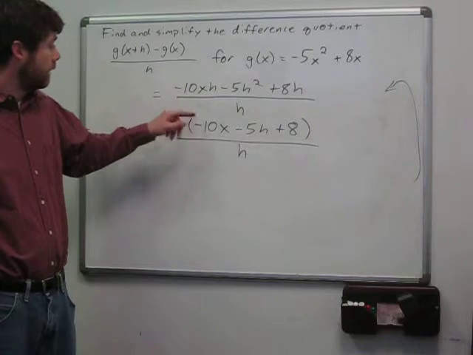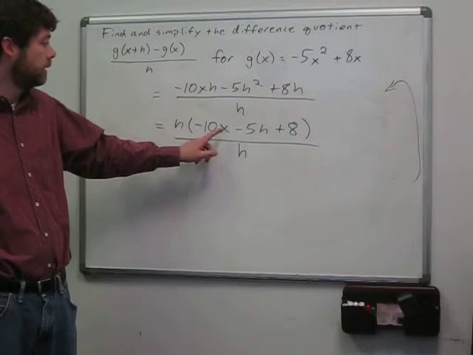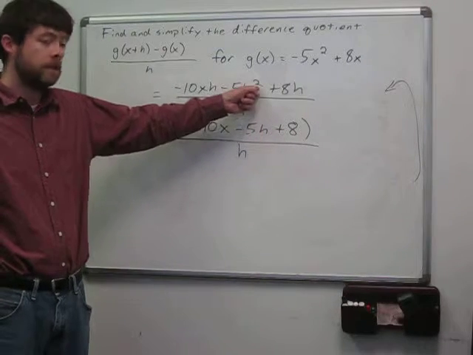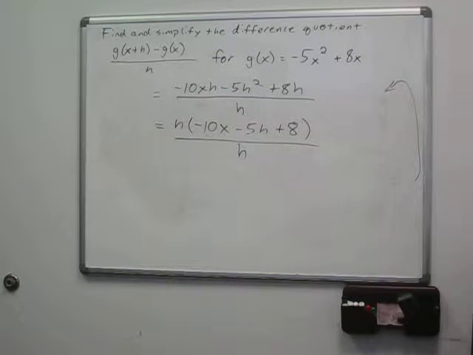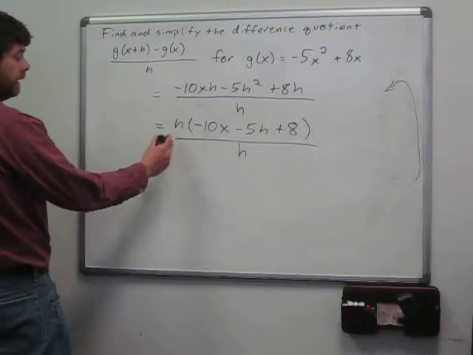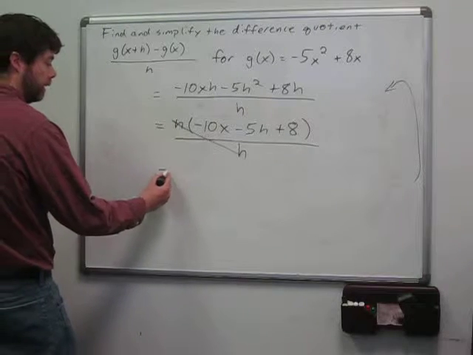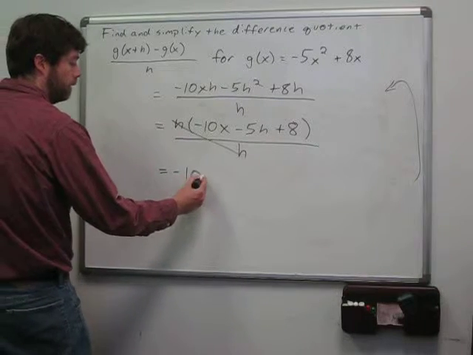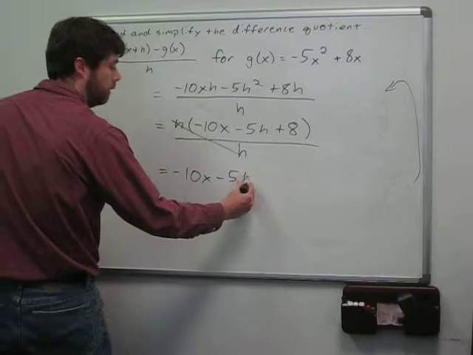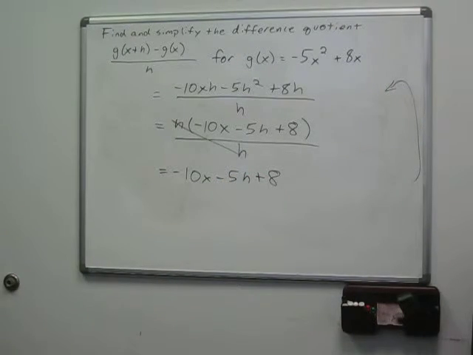And we can always check that we factored the numerator correctly by multiplying the h over all three of these terms and seeing if we get back to where we started. But now that we factor out an h, we can cancel the h in the numerator and the denominator, and we are left with negative 10x minus 5h plus 8.